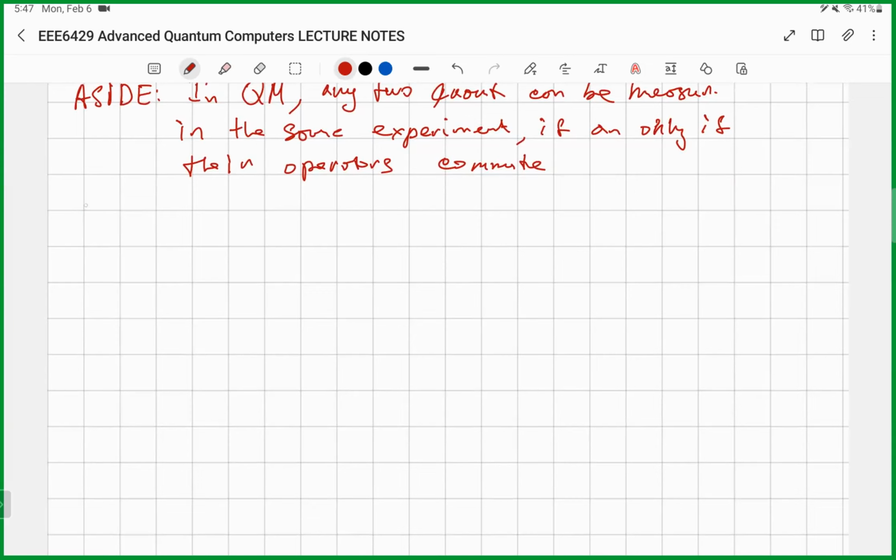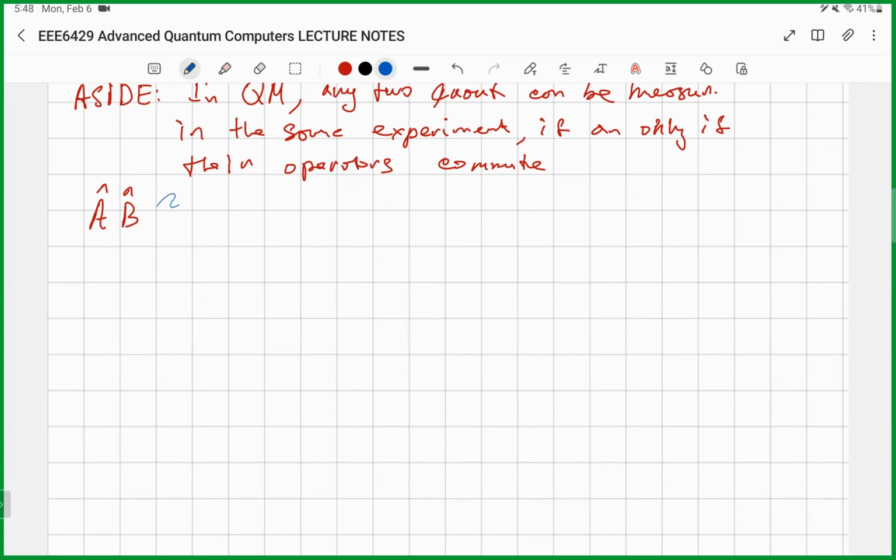So you remember that in general, if you have two operators, operator A and operator B, and you take a product of the two. By the way, the product of two operators is meaningless without the function on which the operators act.